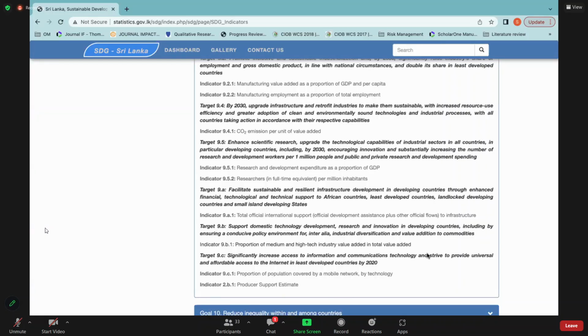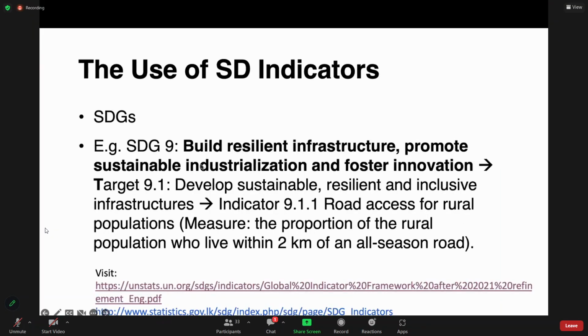Okay, so that is again a good example, the Sustainable Development Goals, where you have specific goals, targets, and then indicators to measure whether we are achieving those targets. So for target 9.1, developing sustainable, resilient, and inclusive infrastructure, one indicator that they have is road access for rural population.